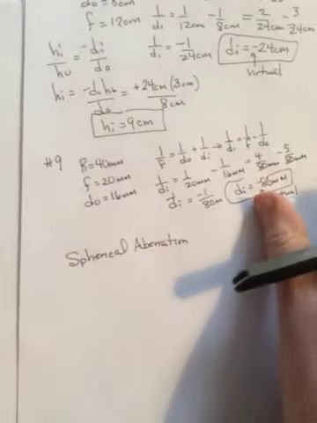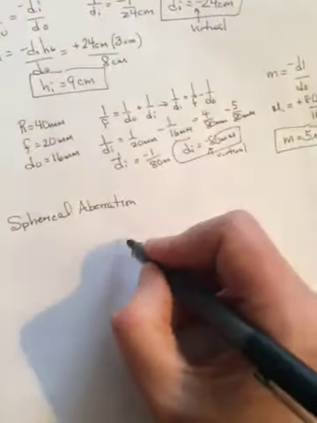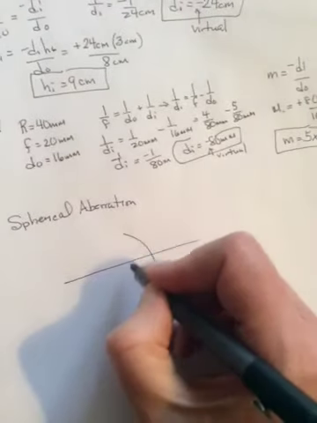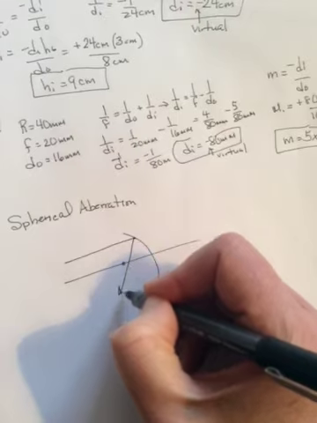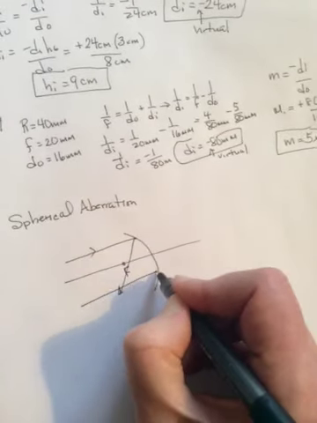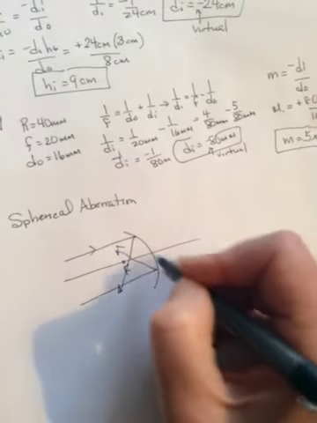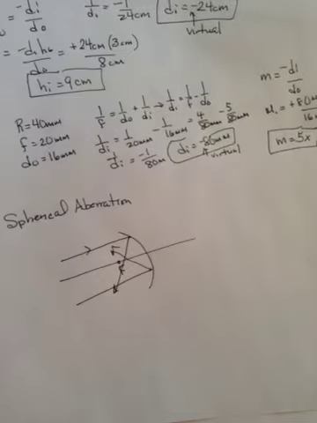In spherical aberration, light rays coming in parallel to the principal axis cross before the mirror, before the F, instead of right at F. And the result is a blurry image. And we said that you could fix it by using a parabolic mirror.